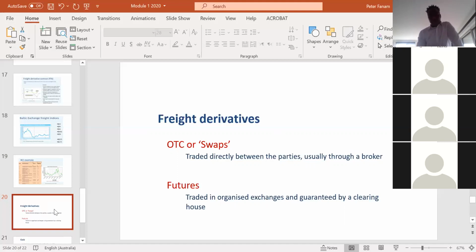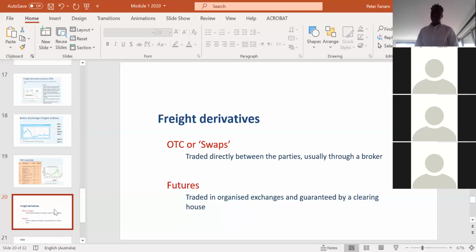This is the standard and the most appropriate one. Most ship owners and charterers use a clearing house. There are various clearing houses that clear these futures: London, Oslo, UK, Hong Kong, Japan, and New York. These clearing houses are there to stand in.